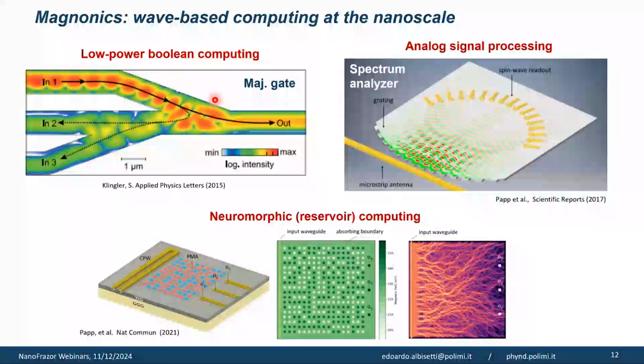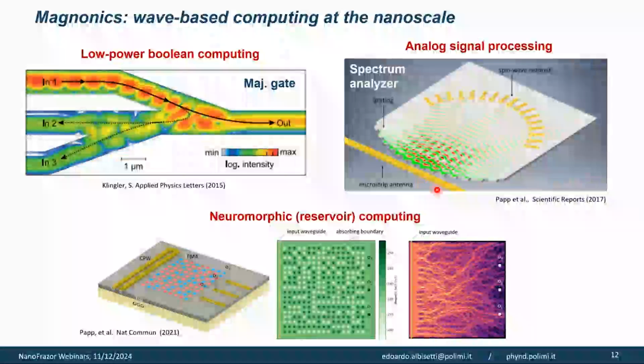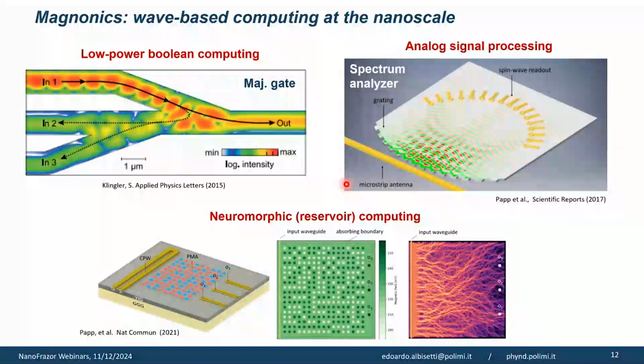On the other part of the spectrum, there are the analog possibilities given by the fact that spin wave interference, of course, happens gradually within the system. In this case, for example, is a nice example of a spectrum analyzer where you have a signal with different frequencies. You feed the signal to the system through this antenna that excites spin waves at those frequencies.